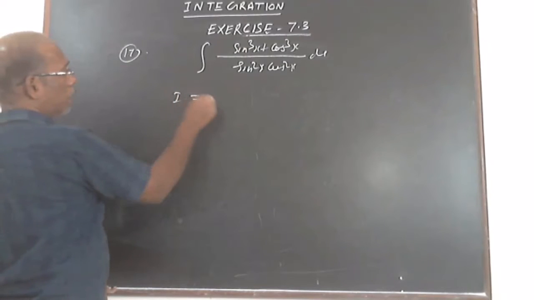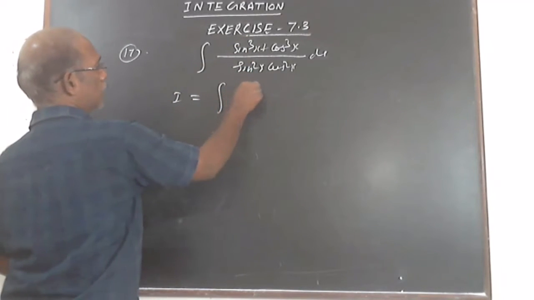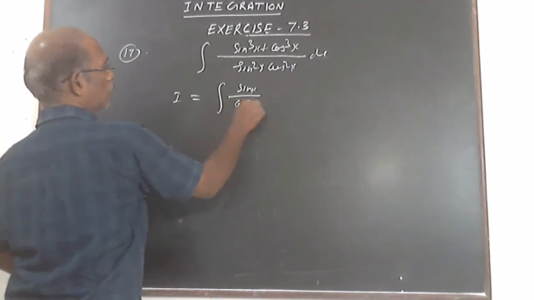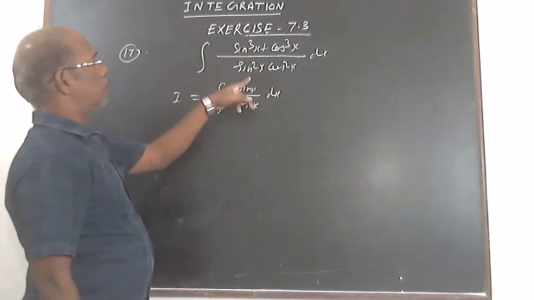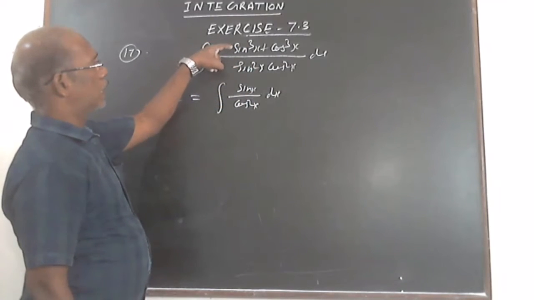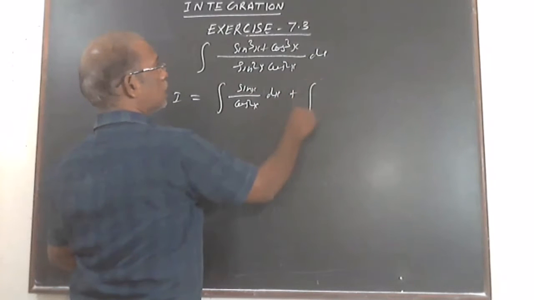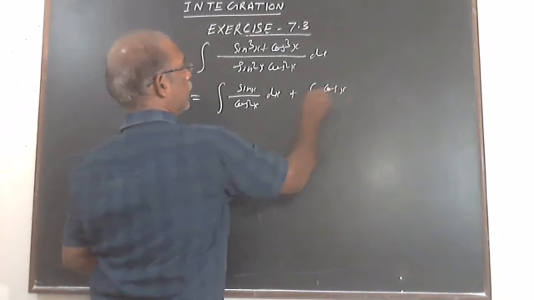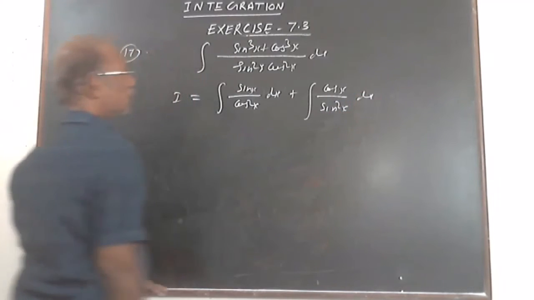So it can be separated: sin cube divided by the denominator, sin x by cos square x dx, correct? Between sin cube and sin square, sin x alone is left: sin x by cos square x, plus similarly cos x by sin square x dx.